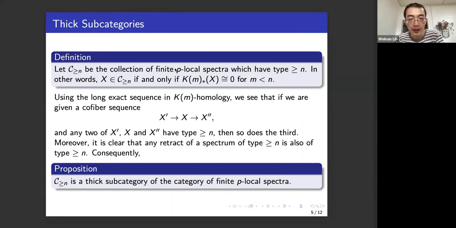Okay, so here we consider all finite p-local spectra with type greater than or equal to N. Then here is an equivalent description: X is in C greater than or equal to N if and only if the K(m) homology of X is trivial for all m less than N. So using the long exact sequence in K(m) homology, we see that if we are given a cofiber sequence X' into X into X'', then if any two of them have type greater than or equal to N, then so does the third.